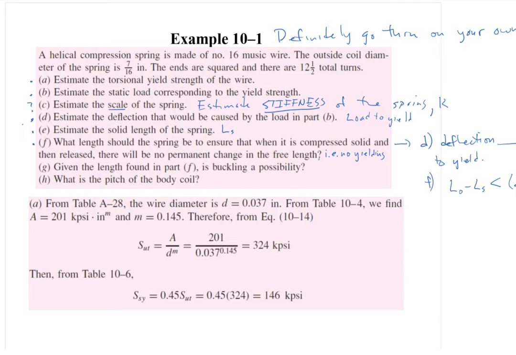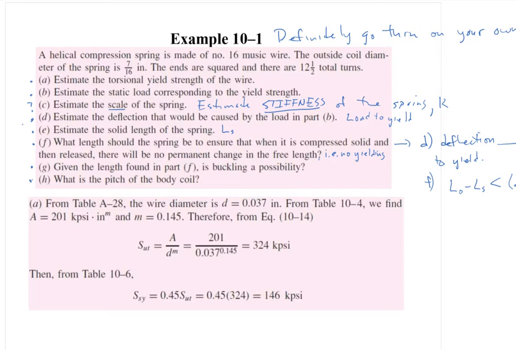And then given the length found in part F, is buckling a possibility? And what is the pitch of the body coil? That last one, you're just applying a formula. So they're starting off with estimate the torsional yield strength of the wire.